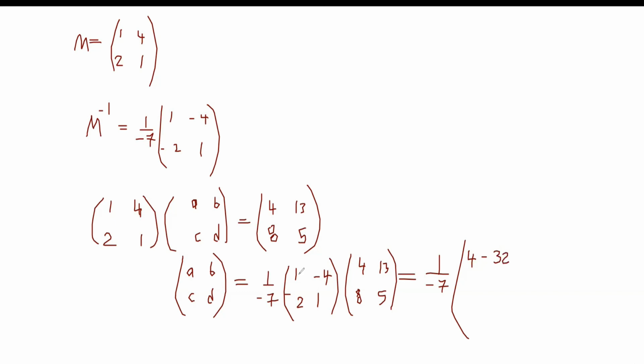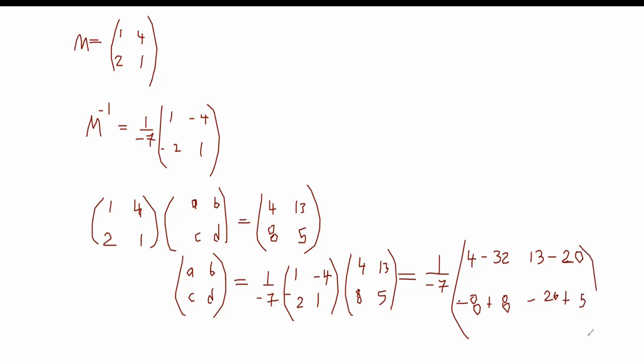Next, 1 times 13, which is 13, then minus 4 times 5, which is minus 20. Then row by column, minus 2 times 4 is minus 8, and 1 times 8 is plus 8. Finally, minus 2 times 13 is minus 26, plus 1 times 5, which is 5.